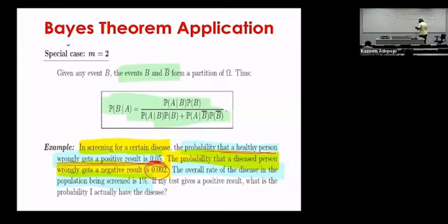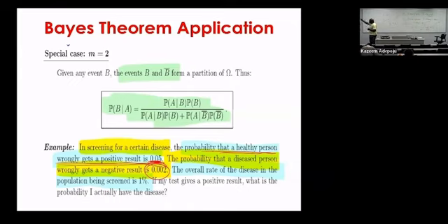Does that make sense? So I write this one as 0.05. Now I want to get this one, but before I can, let's look at the 0.02.